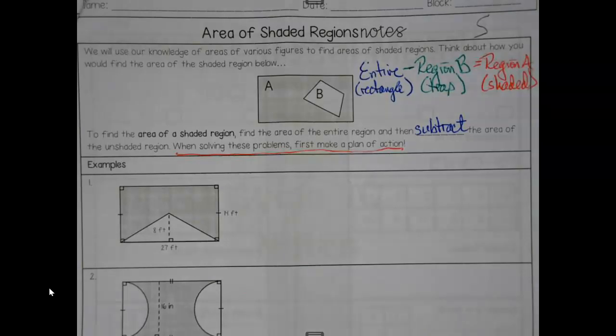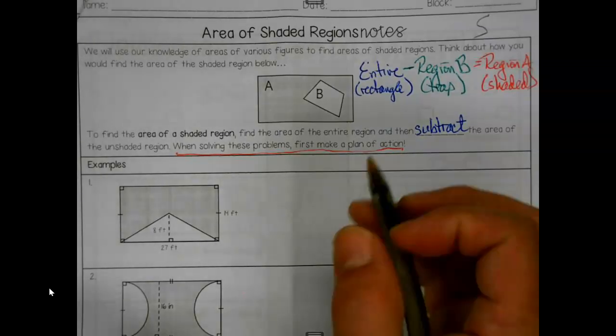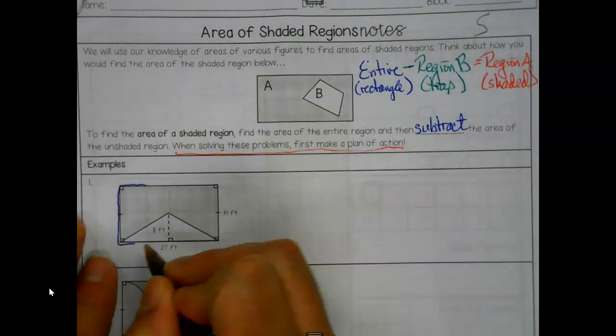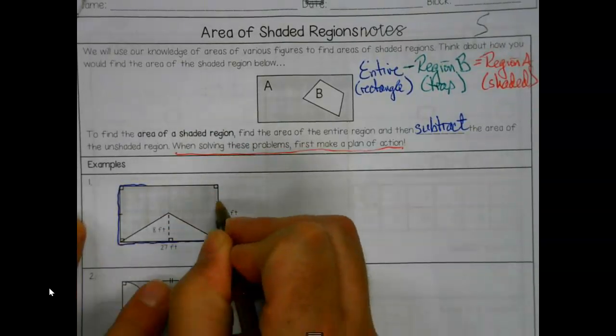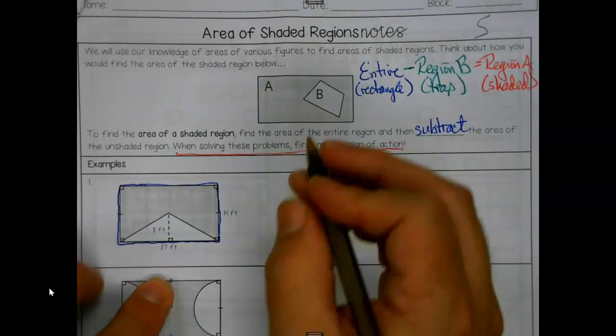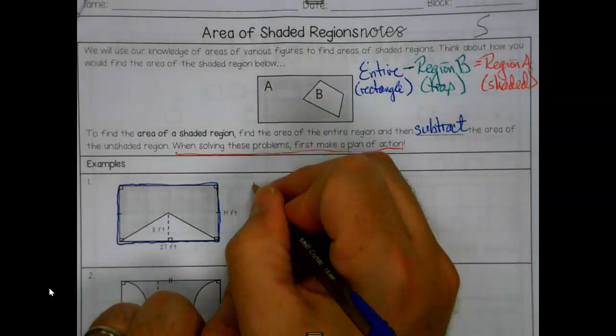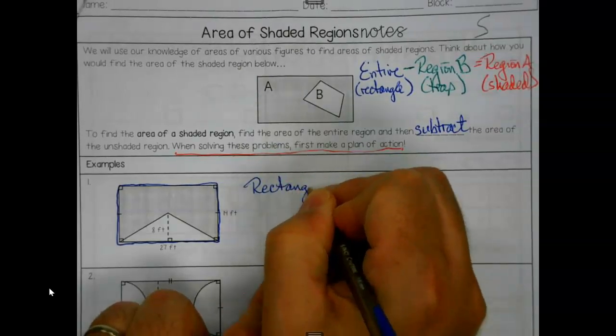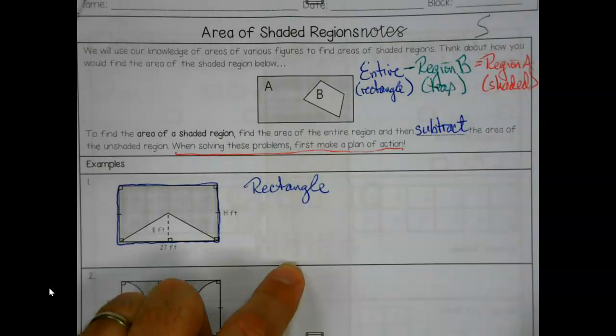And so when we're looking at number 1, I'm going to put every one of these into words before we start jumping into math. So if we're looking for the shaded region, I need to figure out, and not cover up my numbers, so here, my entire shape would be finding the area of a rectangle.